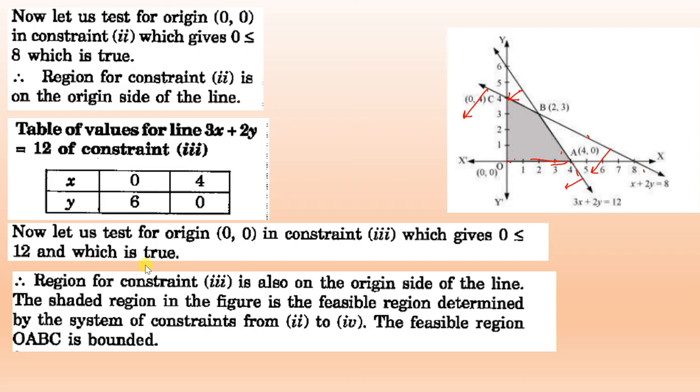Here you can see that these corner points can easily be found from the graph, and this is also easily found. It is 2 and this is 3. If you are not able to find it from the graph, you can find this by solving the two equations 3x plus 2y equal to 12 and x plus 2y equal to 8. इन दोनों equations को solve करके आपको ये point of intersection मिल जाएगा, मीन्स ये corner point.